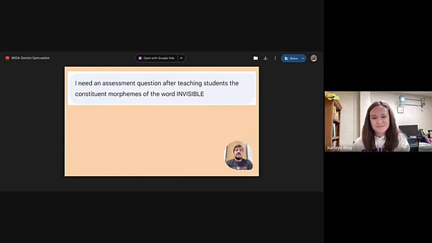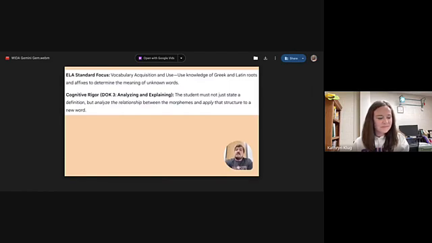I fully expected there to just be like a multiple choice question of some sort or an essay question or something else. But this particular gem came out with these standards immediately, which definitely highlighted something that I like, the idea that they can apply these morphemes to other settings where the same prefixes, suffixes, or roots are there.